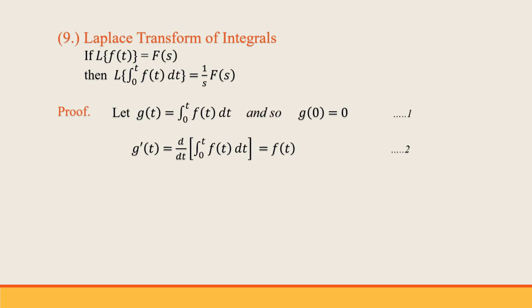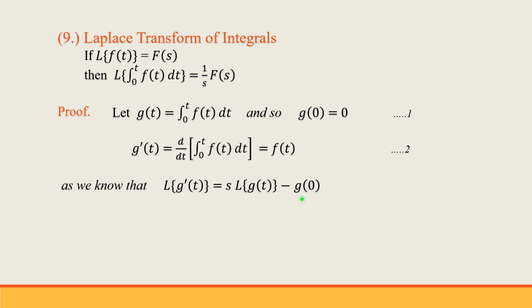Now, as we know that Laplace transform of g dash t is equal to s into Laplace transform of gt minus g0, from the derivative property of Laplace transform we have just learned.